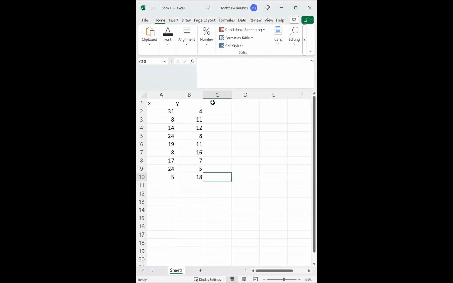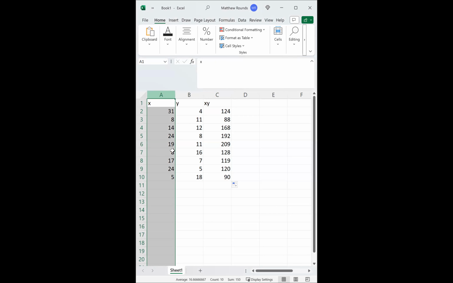I'm just going to increase this. First thing, XY here. There's a couple ways to do it. You can grab the cell A2 and multiply it by B2, hit enter, and then grab the little handle on the lower right and double click and it'll automate all of that for you. In terms of what you're trying to calculate, you already know that n is 9, which I'll summarize here. I'm going to insert a row here, and we're going to get some other things.